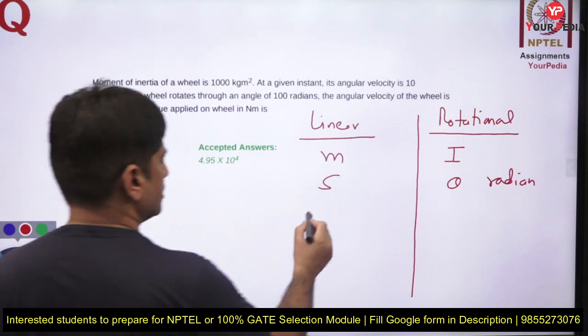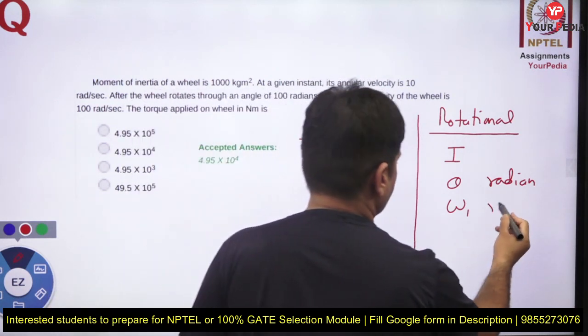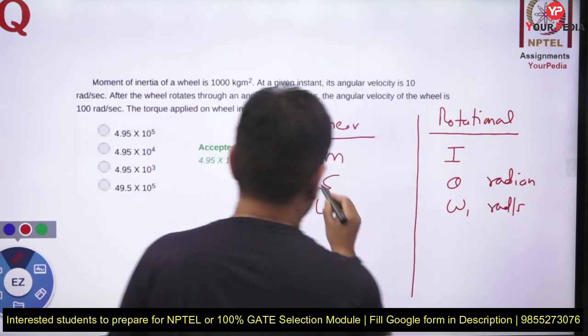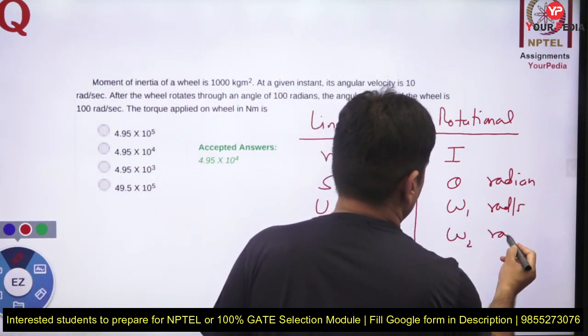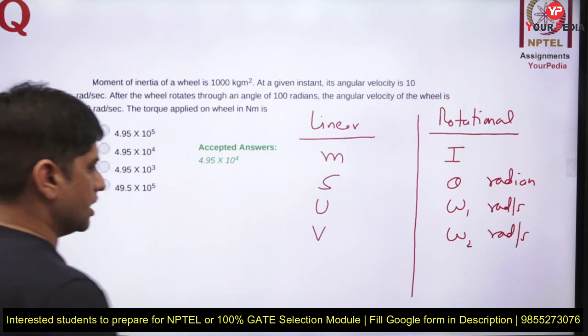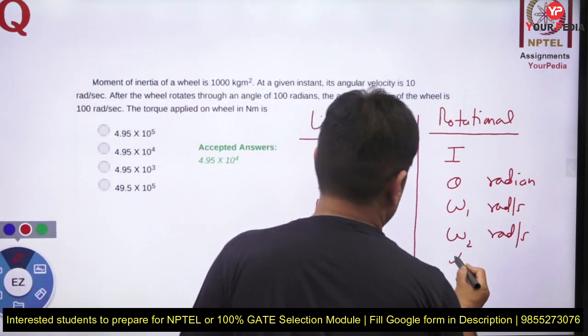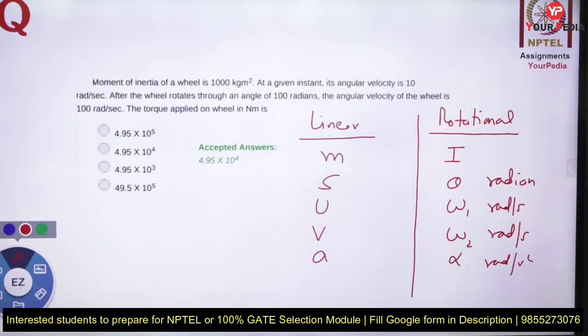In linear motion there is an initial velocity u; here there is an initial angular velocity omega 1 radian per second. In linear motion there is a final velocity v, and there is a final angular velocity omega 2 radian per second. And then there is an acceleration a; there is an angular acceleration alpha radian per second square.